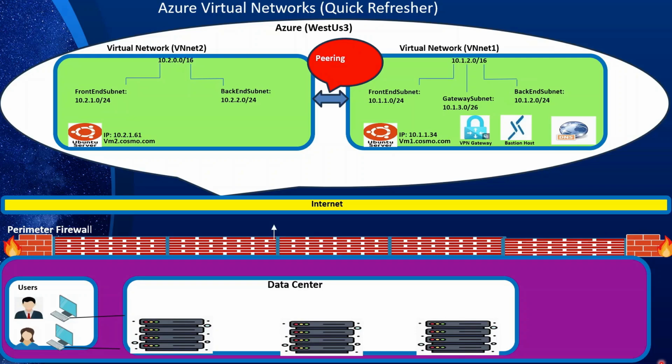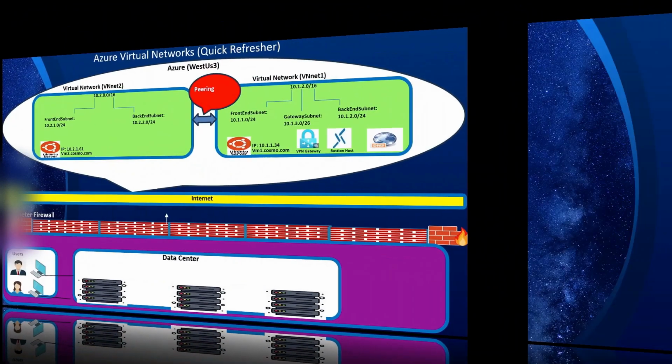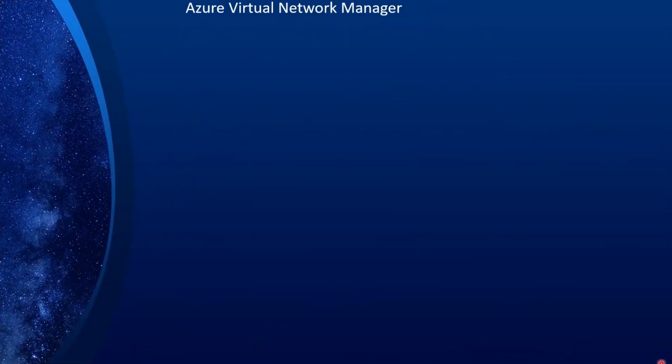Also, if you want to apply network security or configuration, you have to do it manually on each VNet. And that's where Azure Virtual Network Manager comes into place. It automates a lot of stuff.